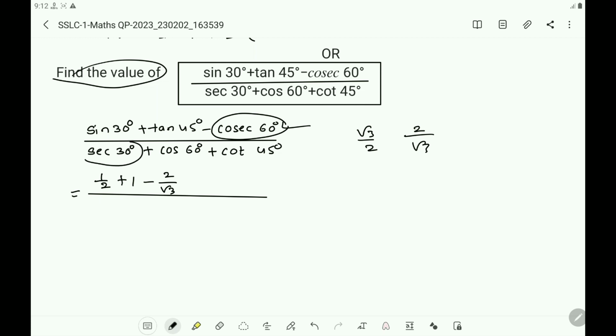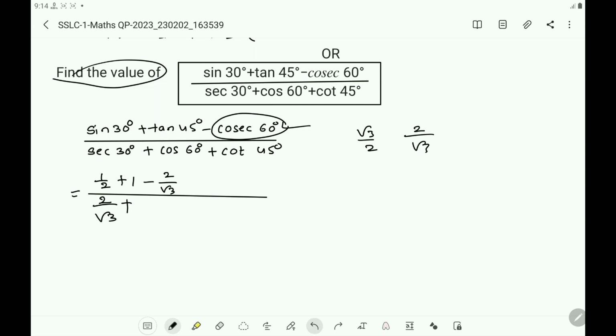Next, secant 30 degree. Secant is the reciprocal of cos. Cos 30 is root 3 by 2. So the reciprocal of root 3 by 2 is again 2 by root 3. So you write this is 2 by root 3 plus cos 60.